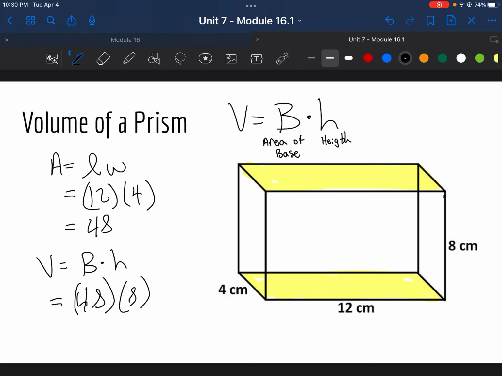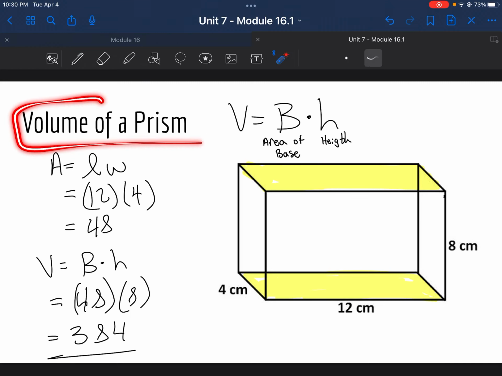In your calculators, I don't have a calculator, so I need to use my phone. Feel free to grab the calculators that I think are at the front of the room. You're going to do 48 times 8, and you're going to get 384. So that's going to be the volume of my prism.